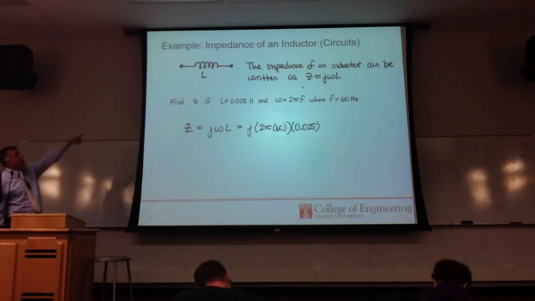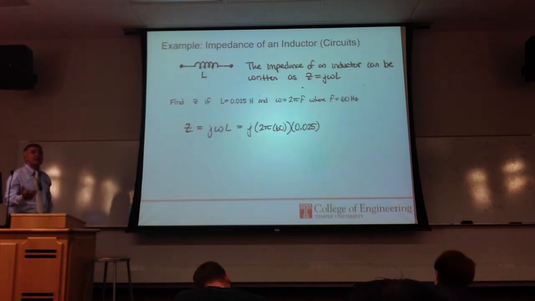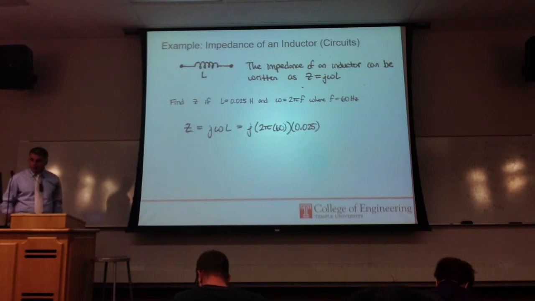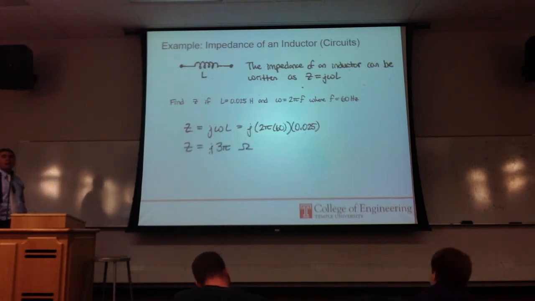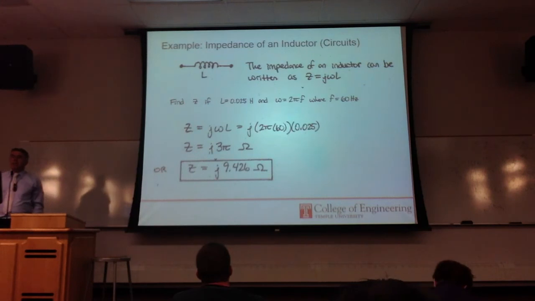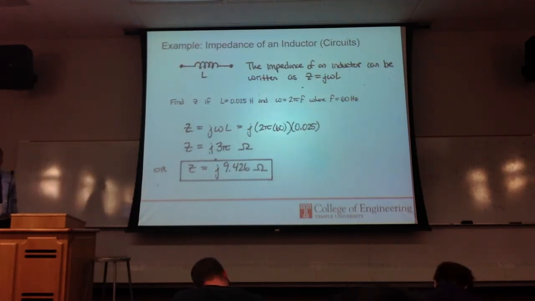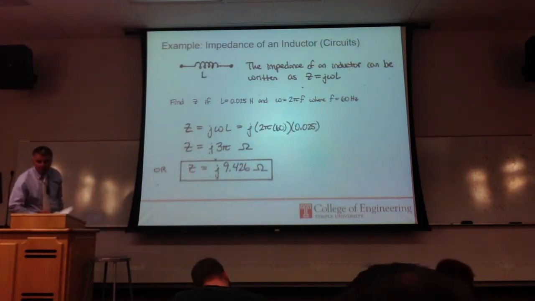Impedance of an inductor. Impedance was the same as resistance, right? Ohm, right. Or simply speaking, Z is j 9.426 ohms, where Z is a complex number.